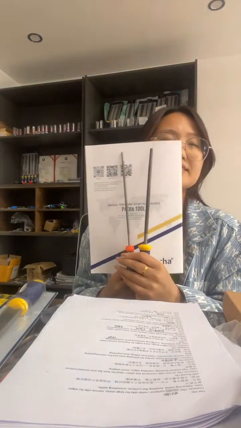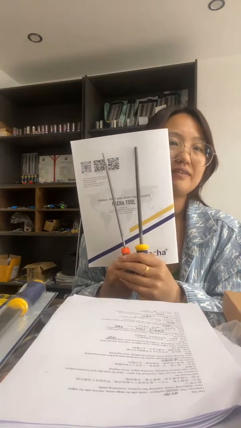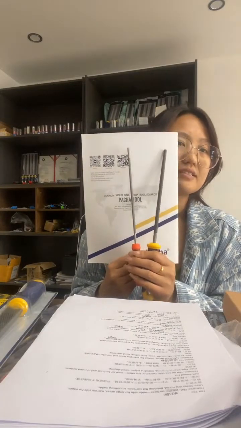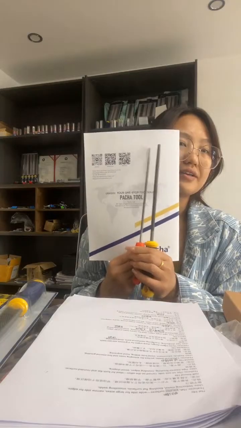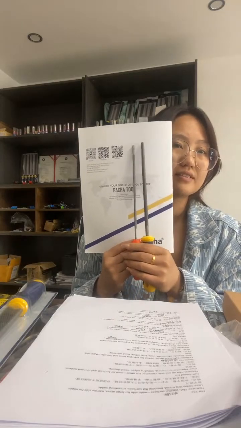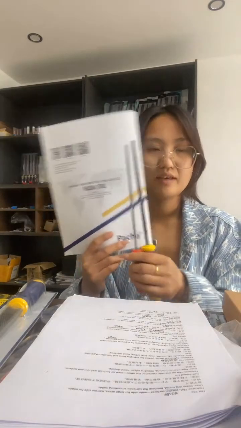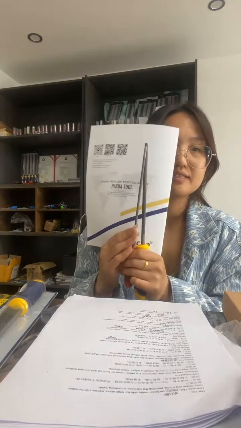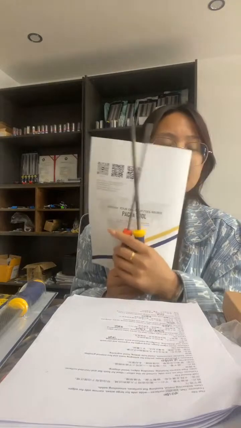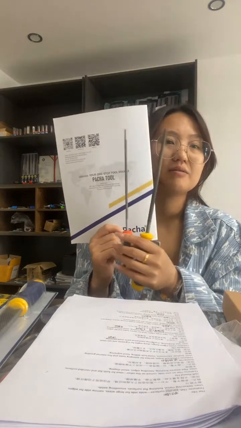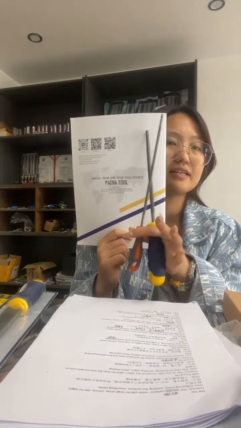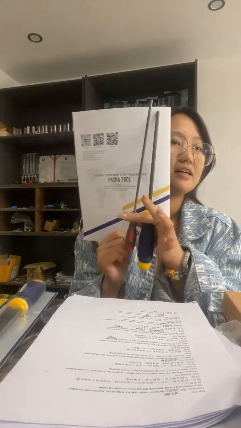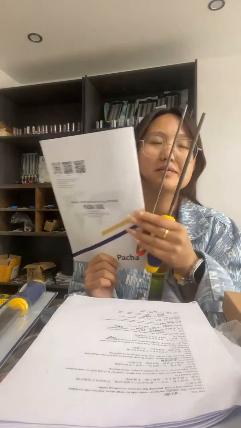You can see the left one is the round file, and the right one is our chainsaw file. They look similar, but the teeth are different. Our chainsaw files also accept customization of the size, the packings, and the handles. If you are interested, you can contact us.